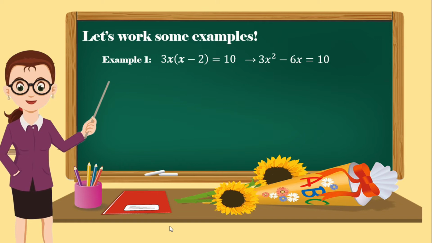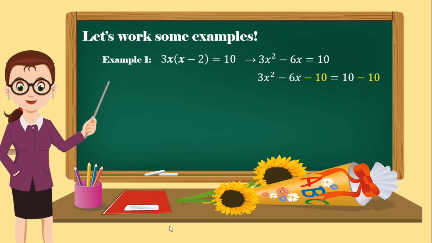Since our goal is standard form, we apply the addition property of equality. We add -10 to both sides, so it becomes 3x squared minus 6x minus 10 equals 10 minus 10.